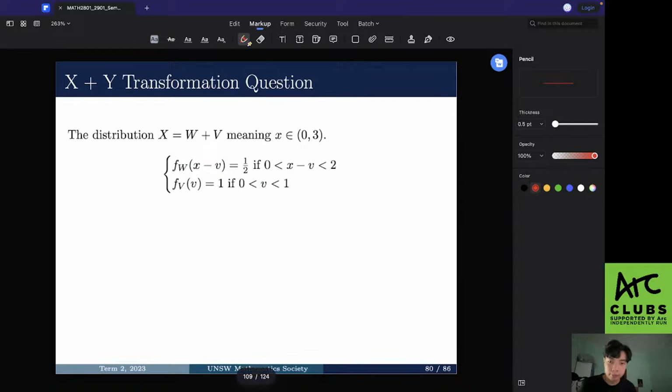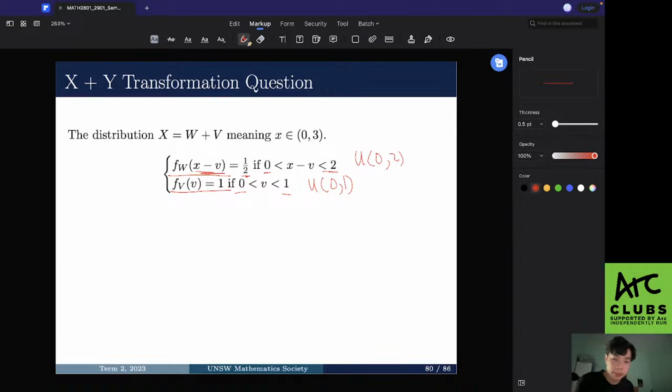Now, we know a couple facts. The first one is, f of W is equal to a half, but only if the input is between 0 and 2, because it's a uniform distribution from 0 to 2. And since V is a uniform from 0 to 1, if the input is between 0 and 1, then our f of V is equal to 1.